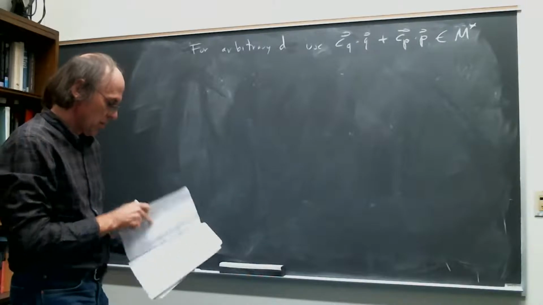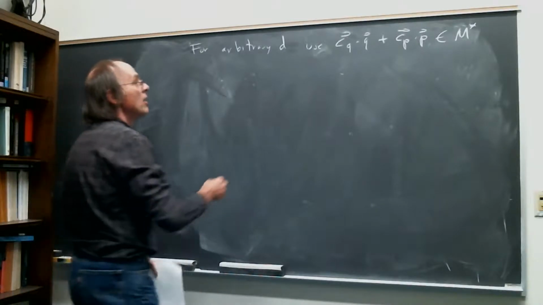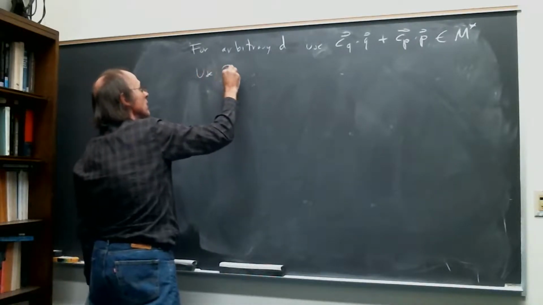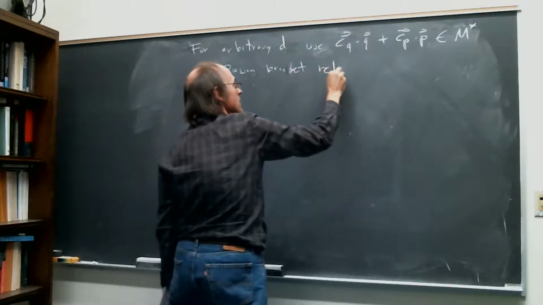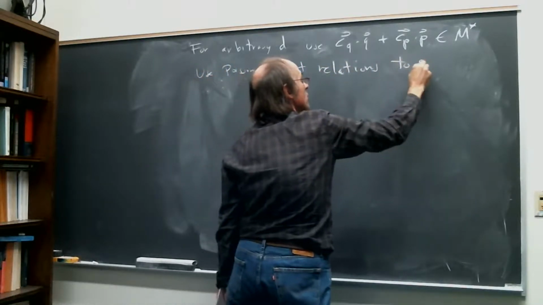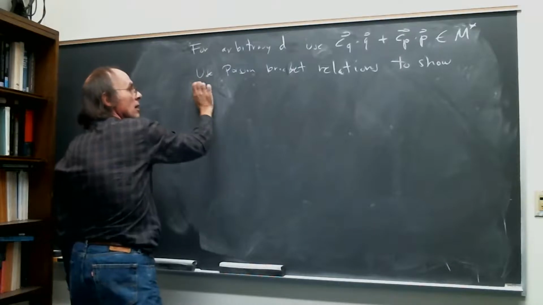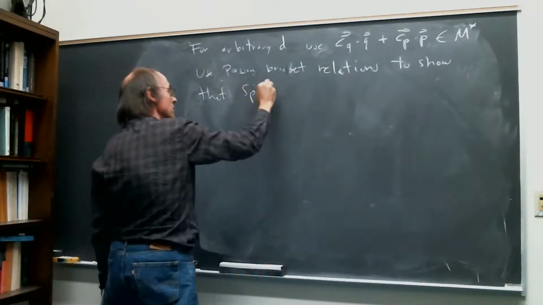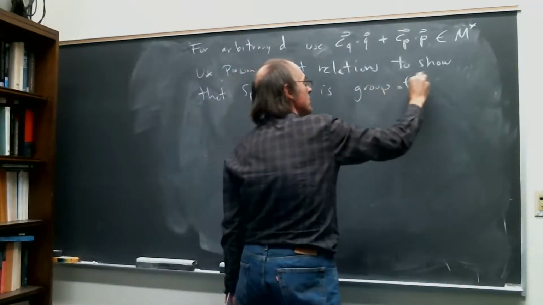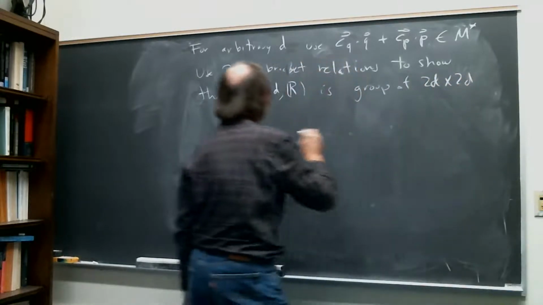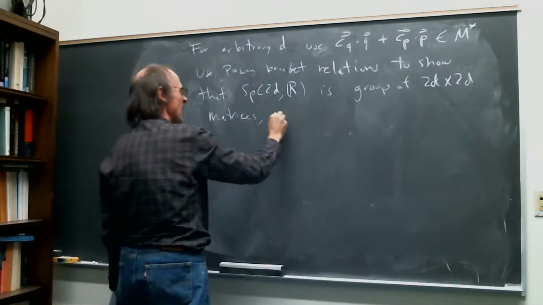And then you use the Poisson bracket relations to show that Sp(2D, R) is the group of 2D by 2D matrices satisfying a condition.